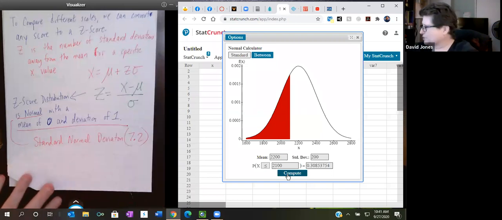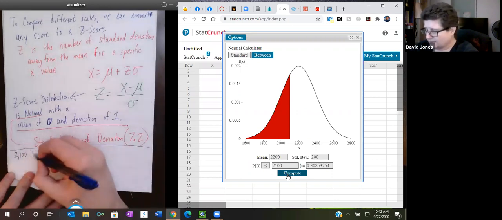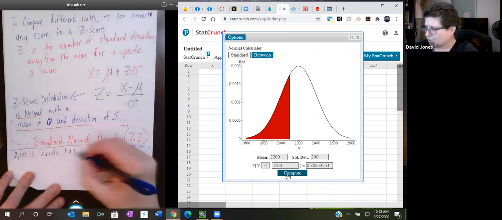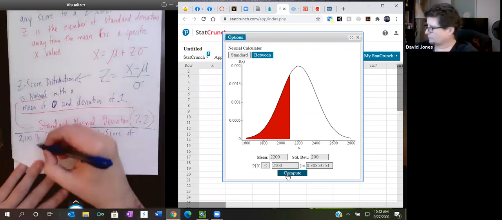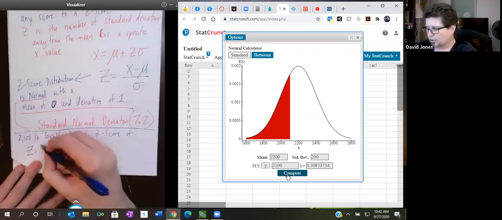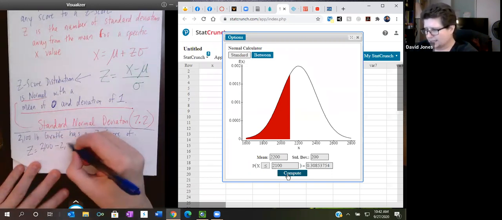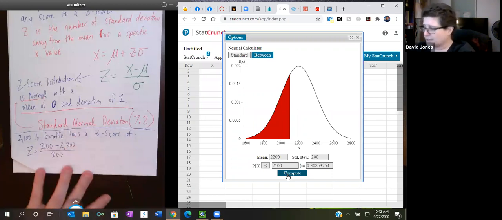So let's find the z-score of our 2,100-pound giraffe. Z equals 2,100, that's the giraffe's weight, minus the mean weight, which was 2,200, over 200 pounds, which was the standard deviation.